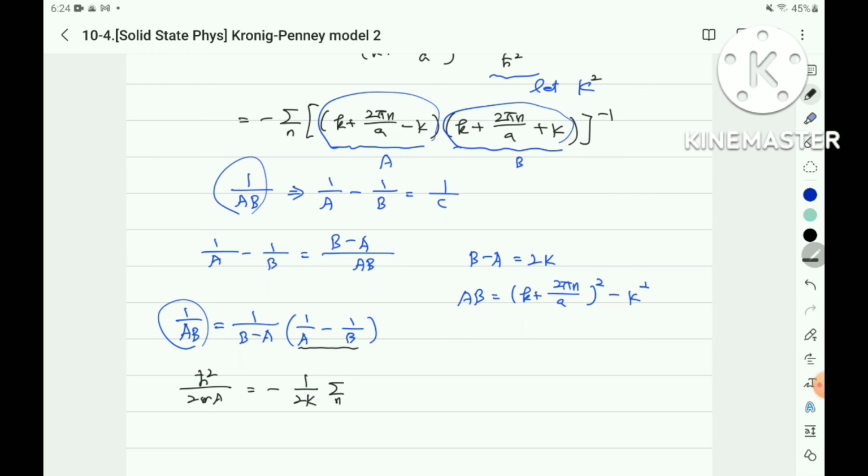Also, let's make a minus and plus, and the 1 over b is 1 over k plus 2 pi n over a plus k, minus 1 over a, k plus 2 pi n over a minus k.